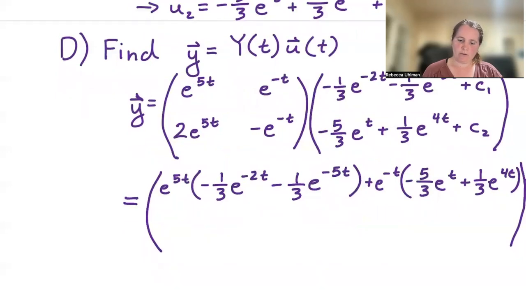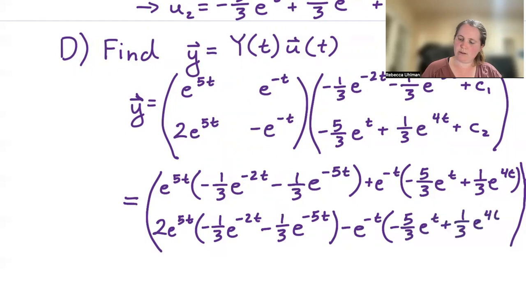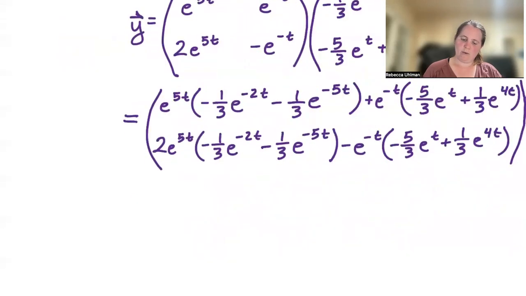For our second row, we will have a 2e to the 5t times a negative 1/3 e to the negative 2t minus 1/3 e to the negative 5t. Then we'll have plus or minus an e to the negative t times negative 5/3 e to the t plus 1/3 e to the 4t. And then the c1 will multiply the first column, e to the 5t, 2 e to the 5t.